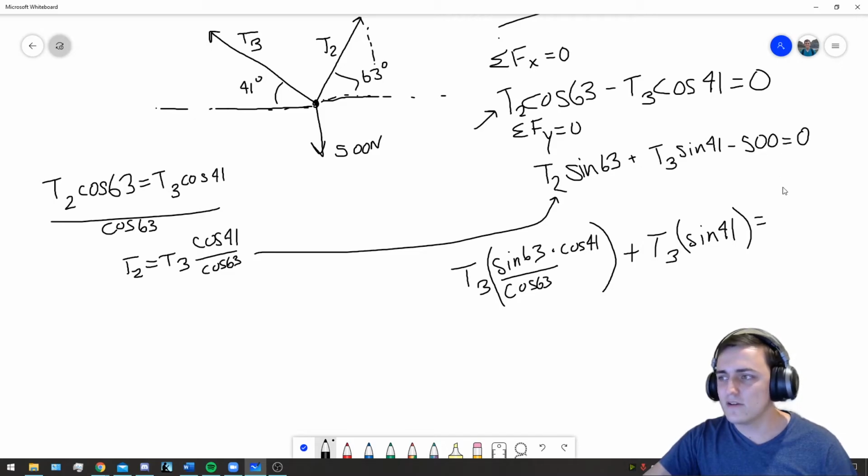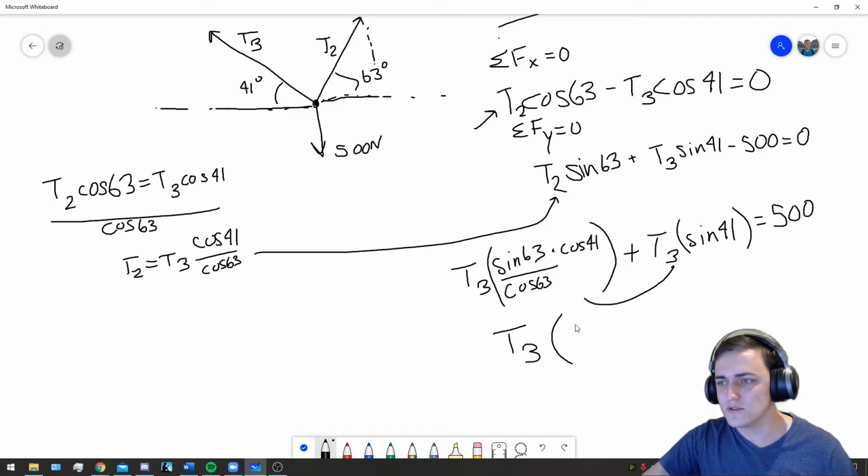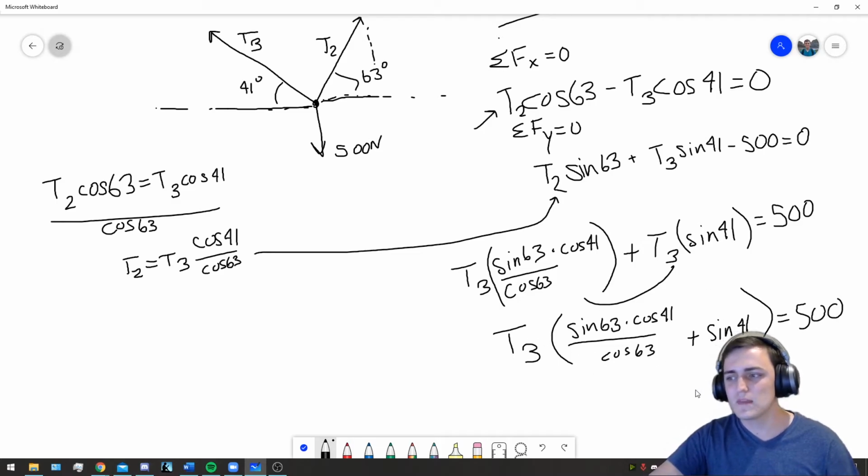And we're going to add 500 to both sides, so you can put that on the other side of the equal sign. And now all we have to do is combine like terms. We get T3 equals sine 63 times cosine 41 divided by cosine 63 plus sine 41, being careful to keep all of that in one set of parentheses so that T3 is distributed.